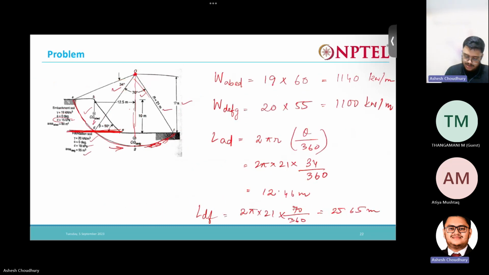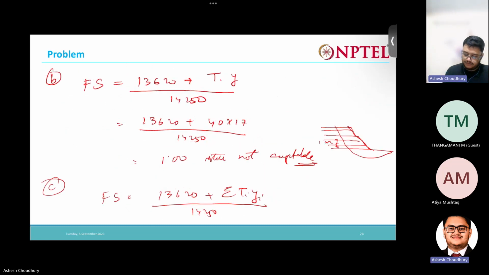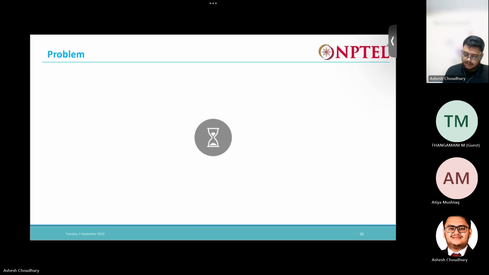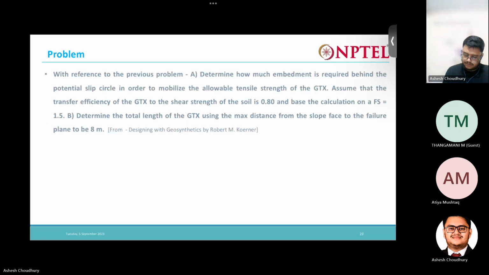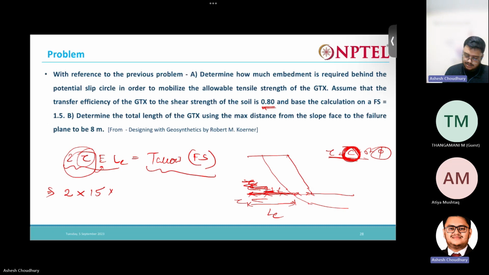So 2 into 15 times E times LE. What is T allowable? It is given in the question, 1.5. From here we can get LE.